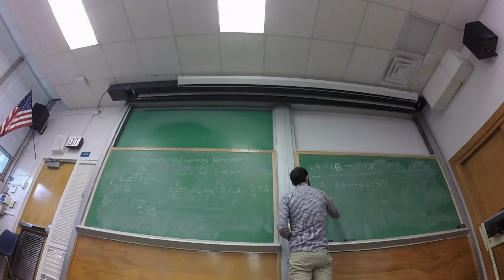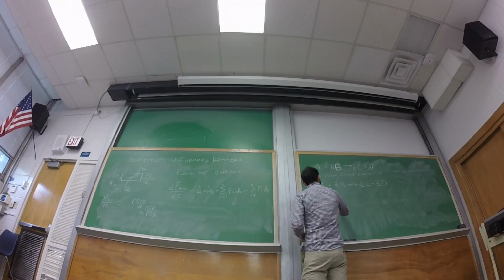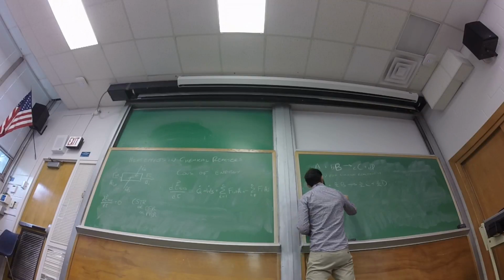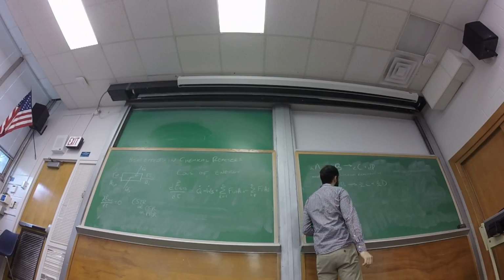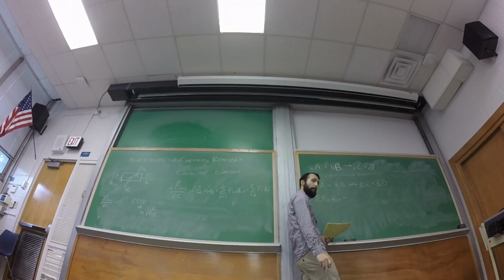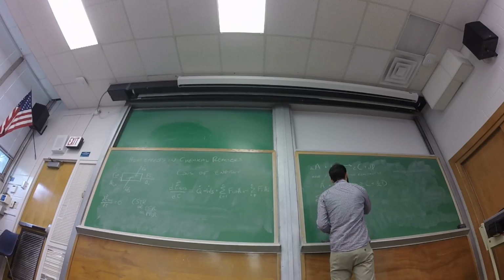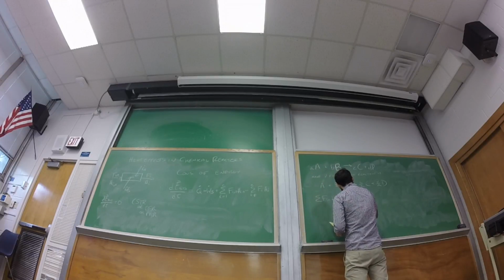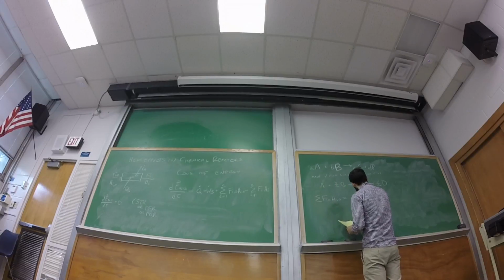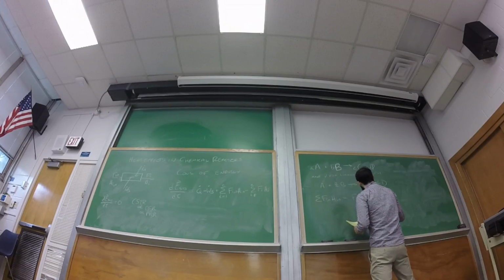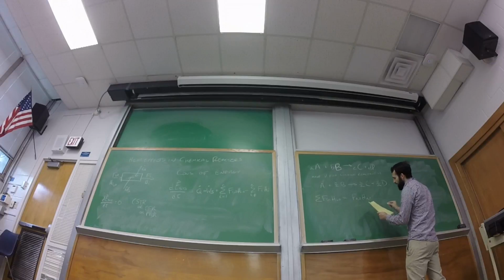So the inlet flows times the molar enthalpies is what? It's just going to be the sum, right? So it's F_A0 times the molar enthalpy of A in the inlet.